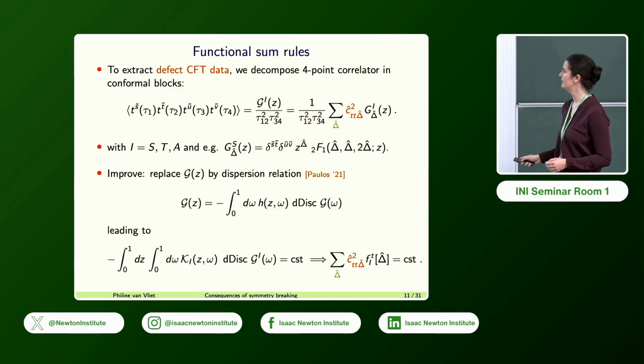This leads to a rewritten sum rule, where we inserted the dispersion relation, and we now get a sum rule with these functionals f, and delta hat is the dimension of the defect operator. So why do you want to do this?